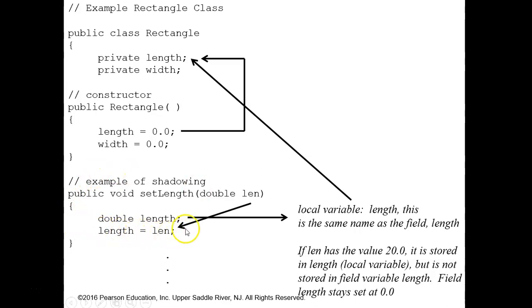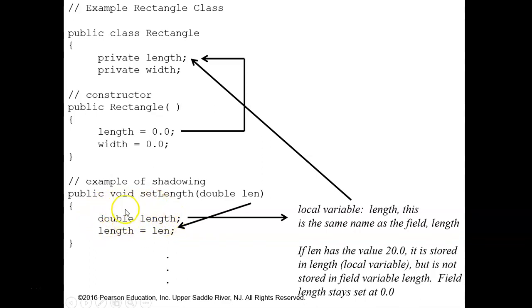Here, we declared another variable called length. Now, when we declared this variable called length, it was inside this method. Then we said length equals len. Now, when we assign this parameter variable, whatever value that is, to length now, it is only storing it right here. And this is called shadowing.